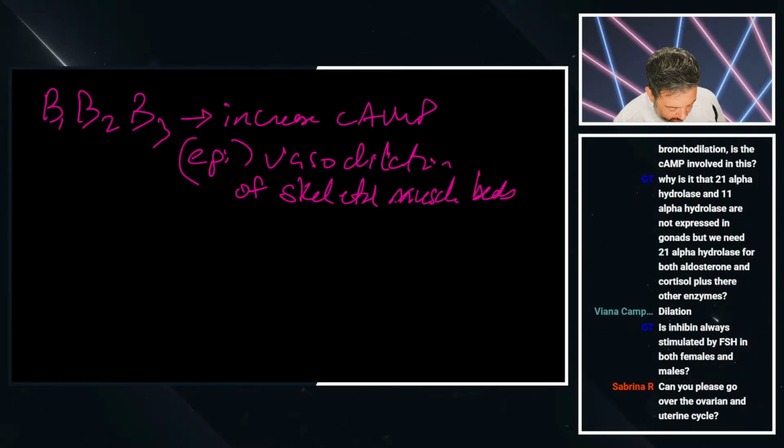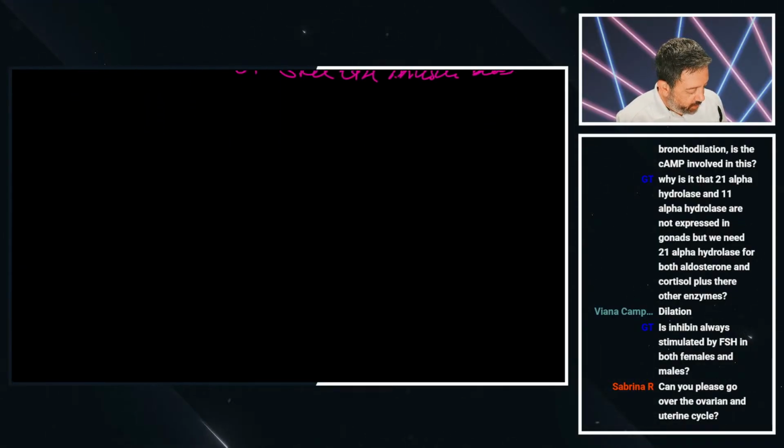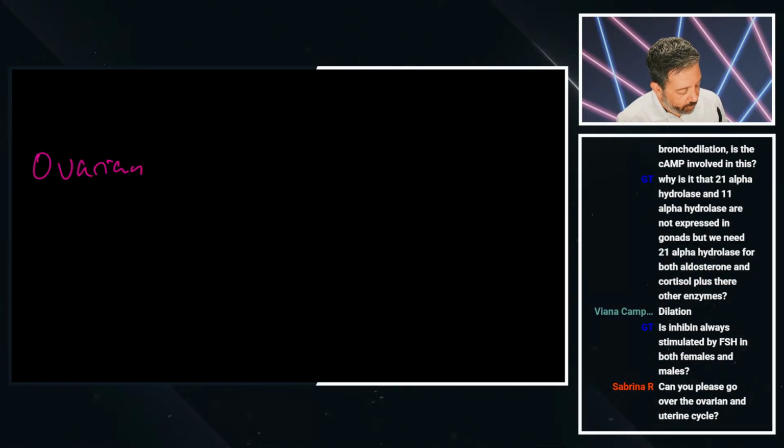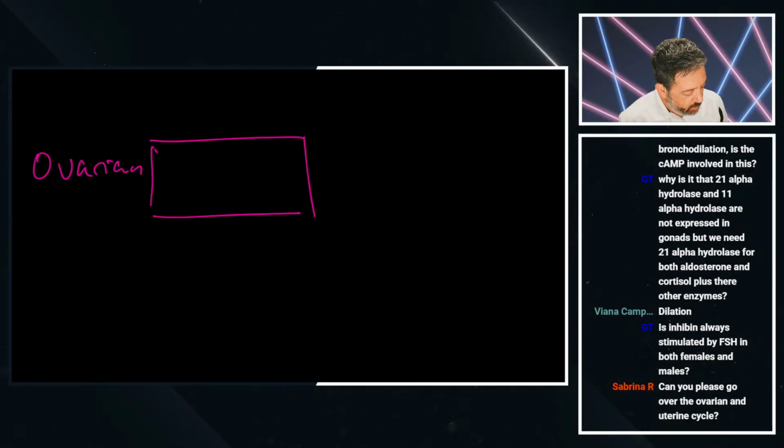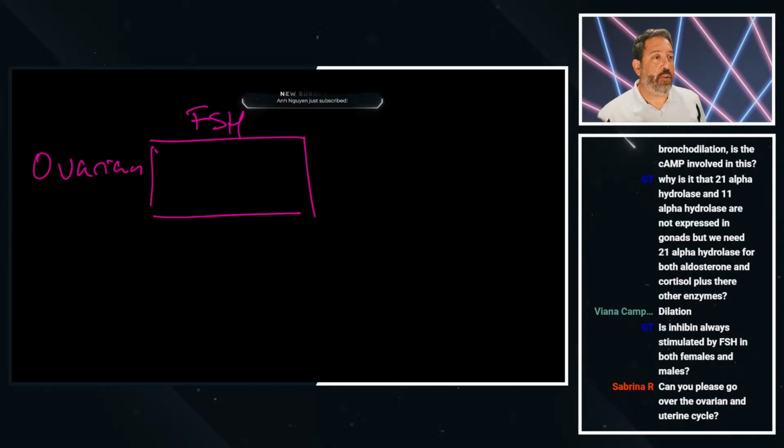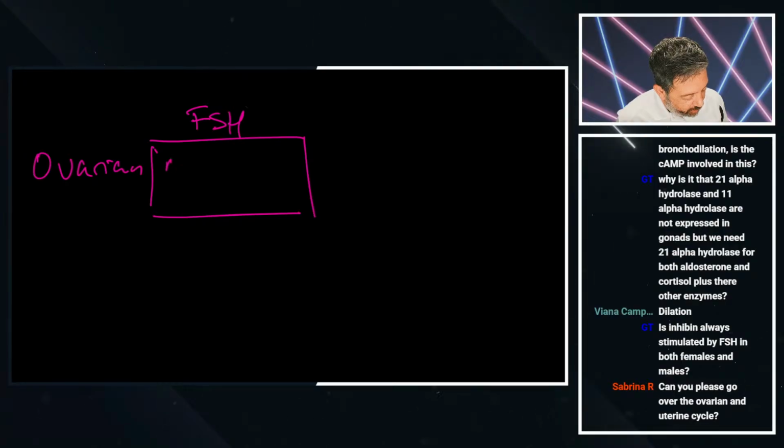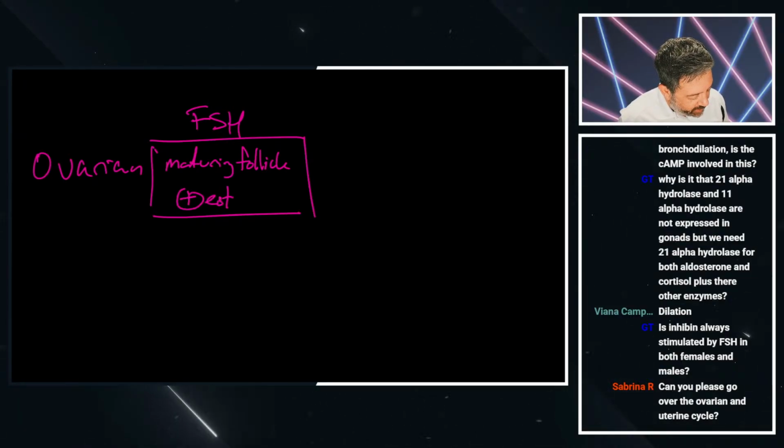And ovarian and uterine cycle. So, ovarian, the first half is under the influence of follicle stimulating hormone. It's the follicular phase. What we're doing here is maturing the follicle. Okay, when this follicle is being matured, it starts producing estrogen.